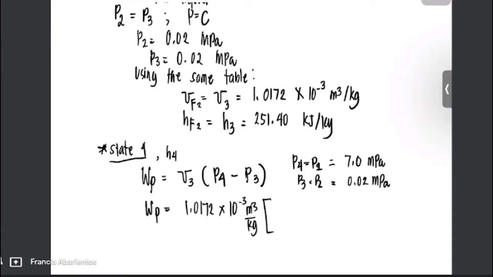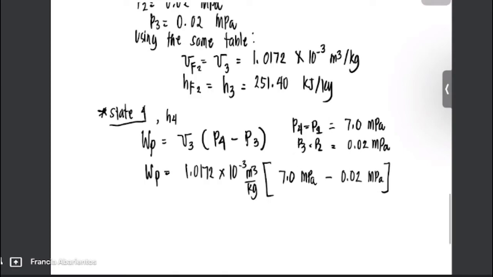Ano yung pressure mo at 4? That is 7 MPa minus 0.02 MPa. What is now the work of the pump in kilojoule per kilogram? Sige nga. What is now the work of the pump given sa atin yung different pressure?